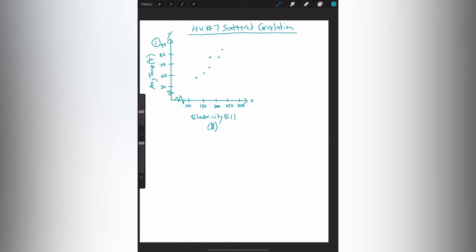Okay. 84 and 255. 84 is up there and 255 is going to be about, let's just say here. 85 and 245. That looks about right. I'll put another point right here.